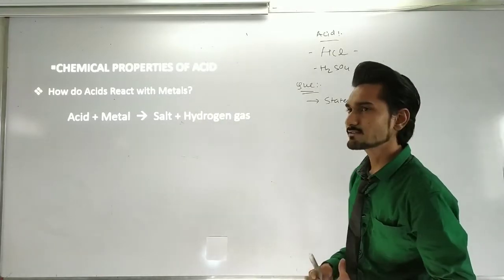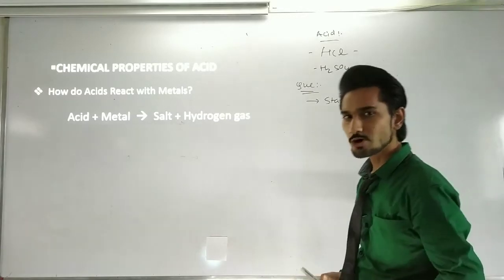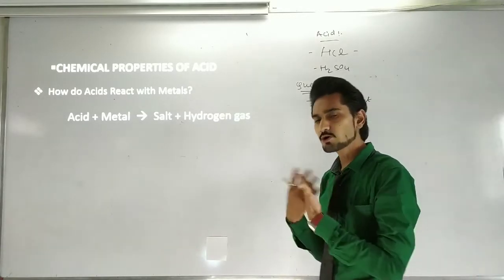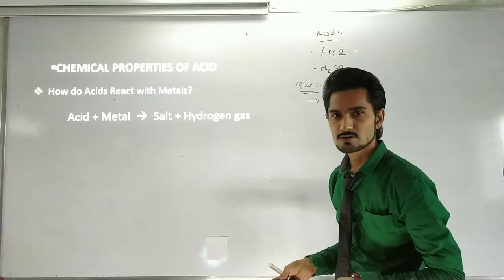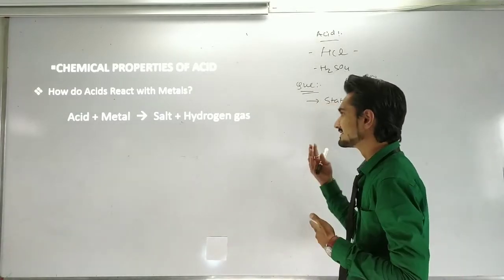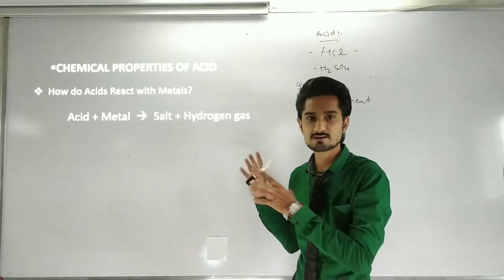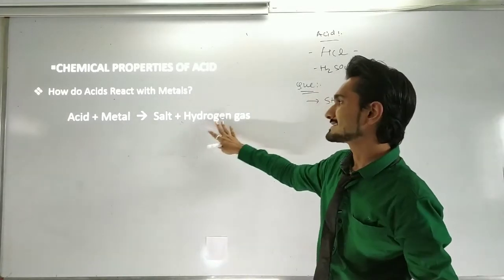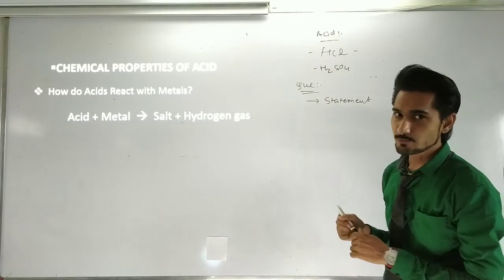When an acid reacts with metal, it gives us the salt and it releases or produces hydrogen gas. Okay, it is the easiest statement we can write. Then afterwards, what is the second part you need to write?